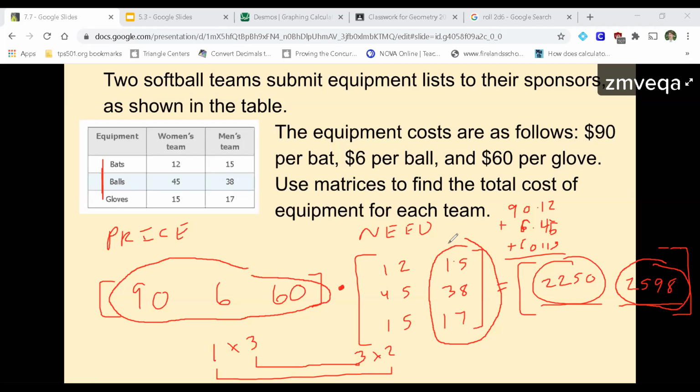So again, I understand that if this word problem was given to you on the ACT, you would probably not use matrices to find it. You would just do it by hand really quickly because it's not too bad.